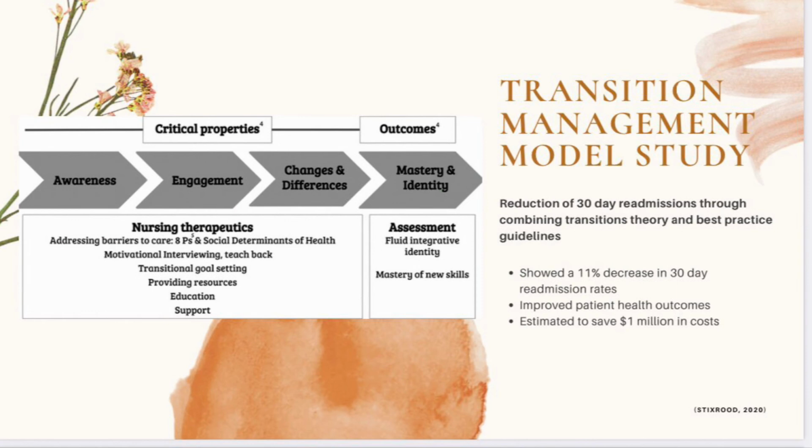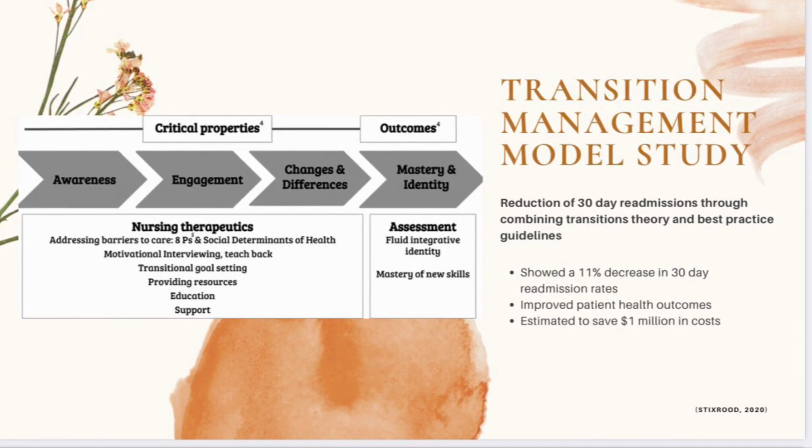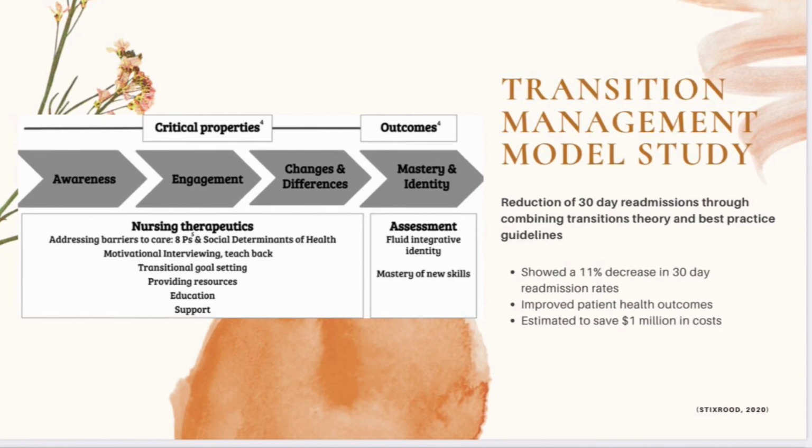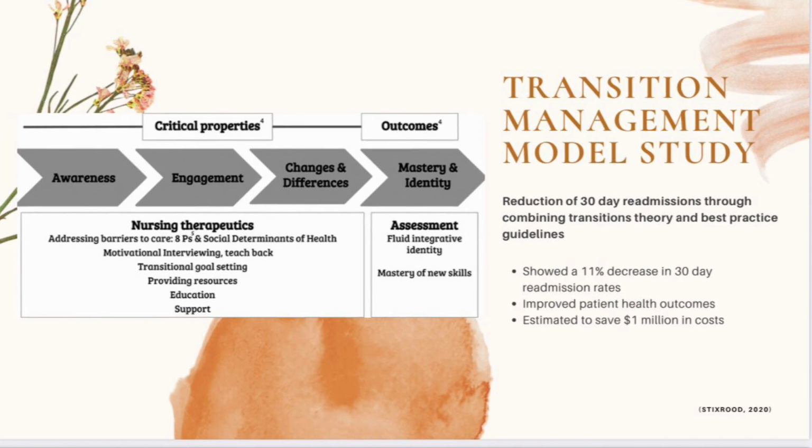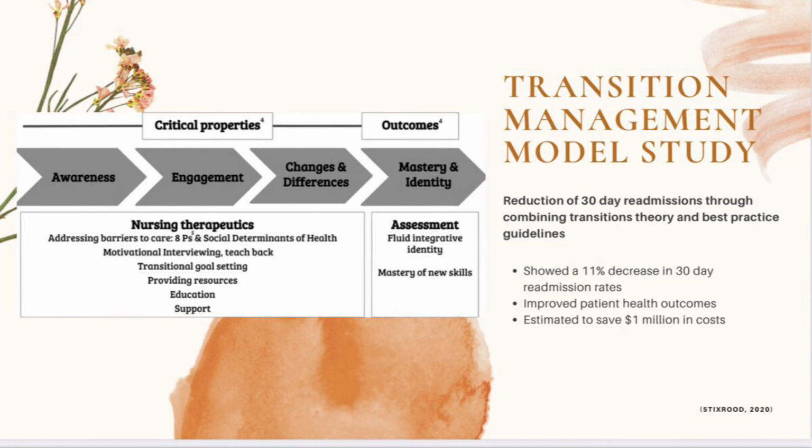To see how effective the transitions theory has been in practice, we will briefly talk about a study conducted to reduce 30-day hospital readmission rates using a combination of the transitions theory and best practice guidelines, known as the transition management model. The study assessed clients' critical properties through screening tools, then identified barriers to their care, and finally used nursing therapeutics to provide a healthy transition.